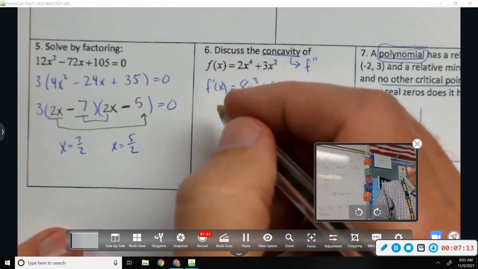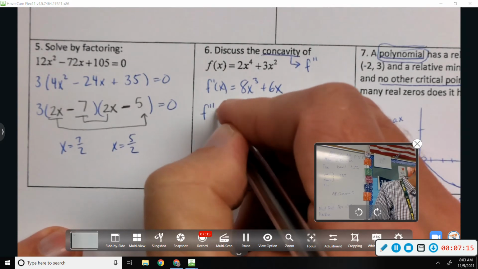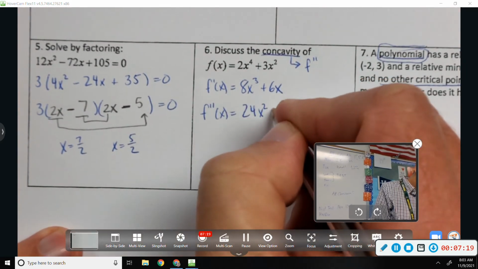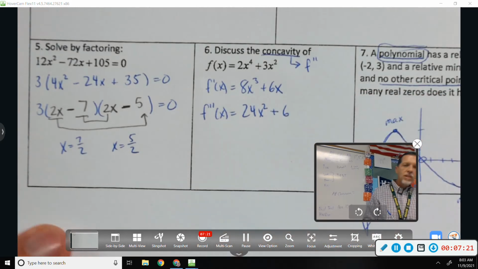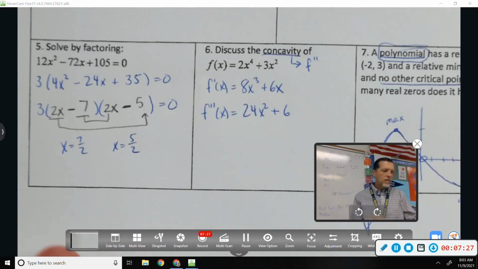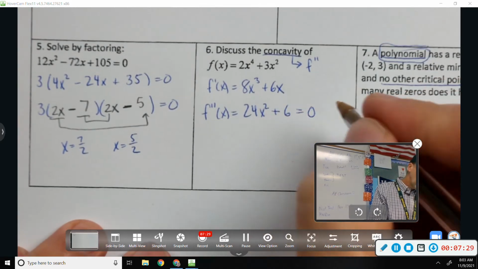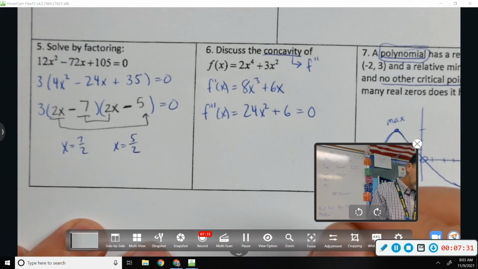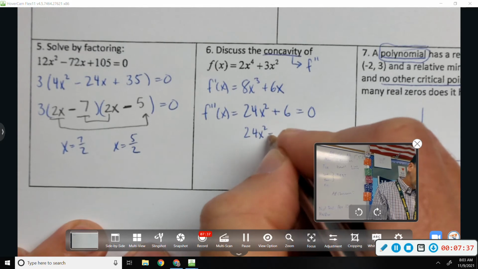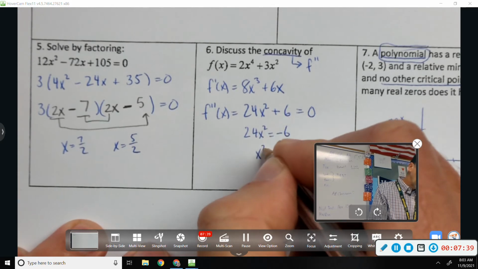But I just want concavity, so I can go to the second derivative. 24x squared plus 6. And then what next? What do I do with that? Set that equal to 0. Uh-oh. I guess I can play with this for a little bit, but that's never going to work.